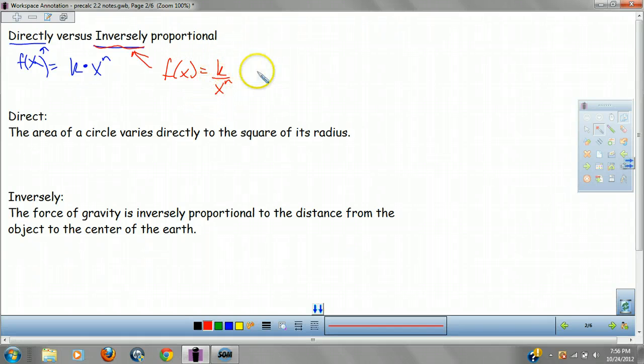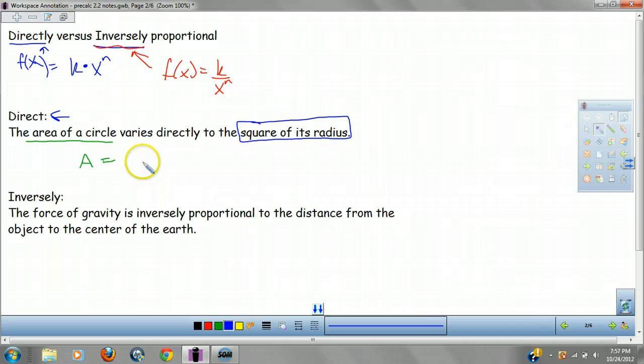Okay, so let's see where this might actually pop up. Direct says the area of a circle varies directly to the square of its radius. So my area of my circle, my A, varies directly, so I'm going to put my equals here, to the square of its radius.